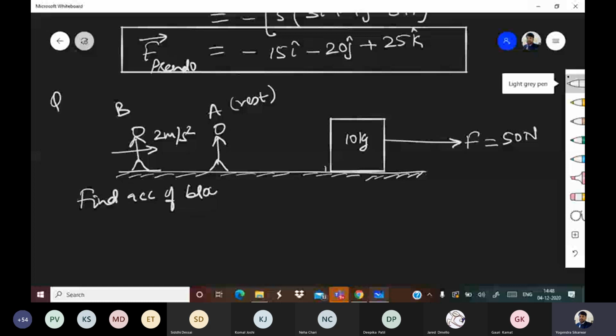Number 1 with respect to A. Number 2 with respect to B. Easy question, but it will make you understand how pseudo force works.